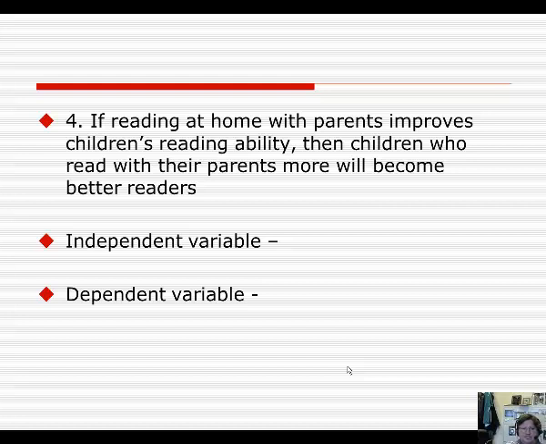This could be an interesting one. You could do this a couple of different ways. You could do some kind of descriptive study or relationship study where you send out a survey to a whole bunch of parents, and one of your questions asks them how many minutes per week do you read with your child, and you could put it like 0 to 15 minutes, 15 to 30, 30 to 45, 45 to 60, 60 to 75, so you could have these different ranges.